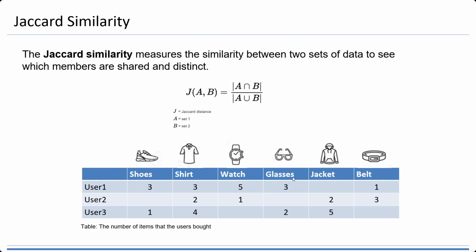The user 1 bought 3 glasses, 0 jacket, and 1 belt. The user 2 bought 0 shoes, 2 shirts, 1 watch, 0 glasses, 2 jackets, and 3 belts. Now we want to check the similarity between each of the users.